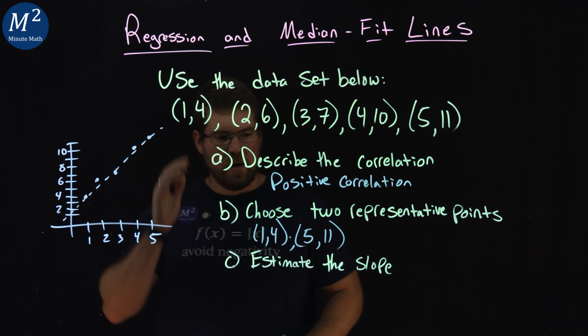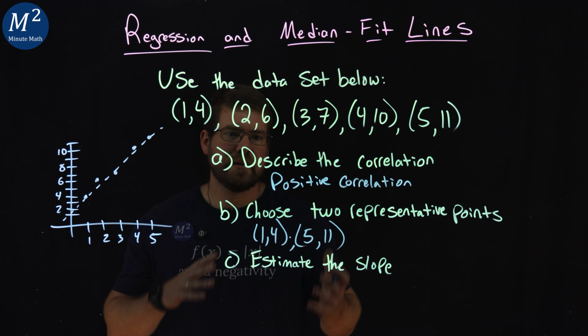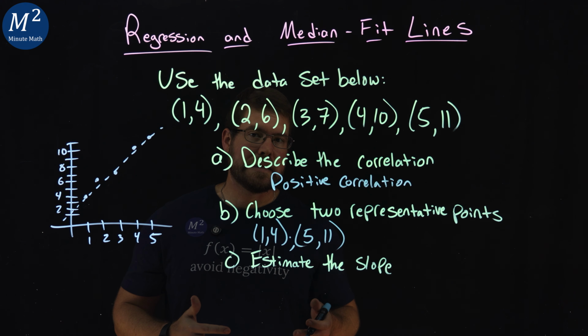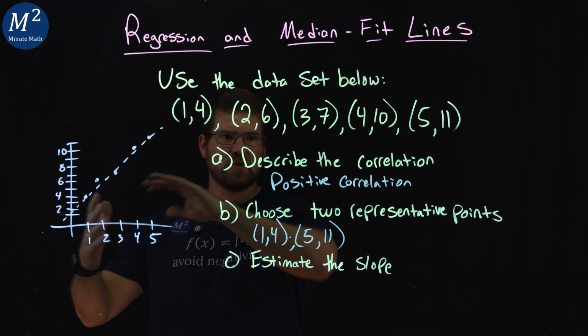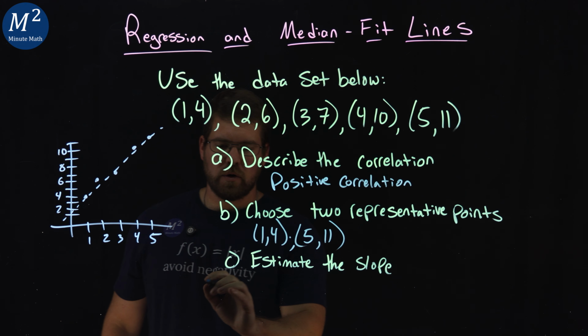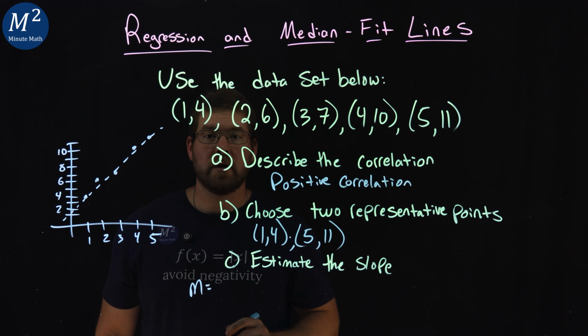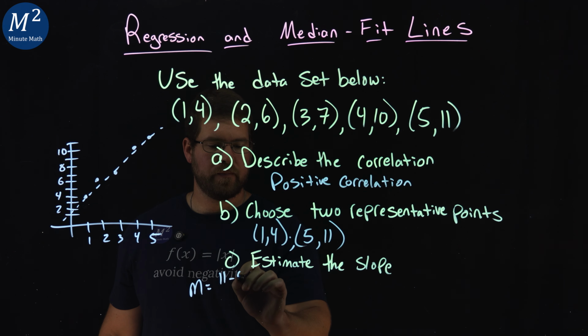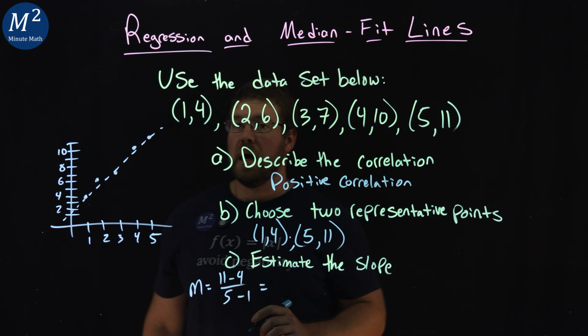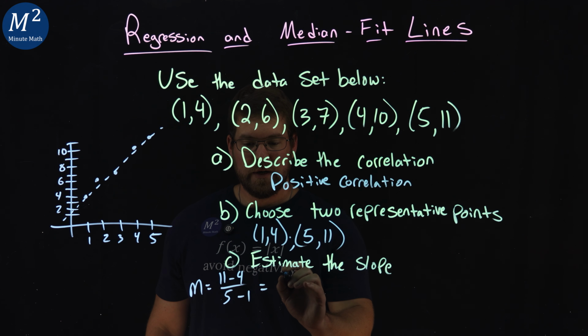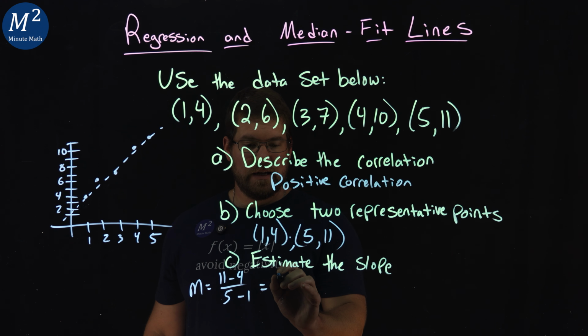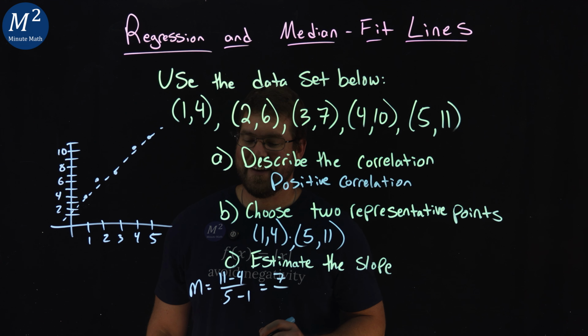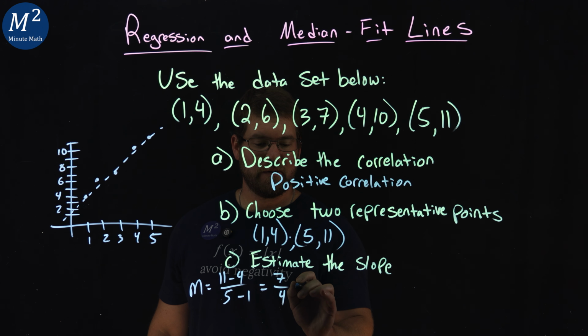All right. So now we want to estimate the slope. And really, we're finding the slope between these 2 points here. It's going to be an estimated slope for the data. So our slope is y2 minus y1 over x2 minus x1. So 11 minus 4 over 5 minus 1. 11 minus 4 is 7, and 5 minus 1 is 4.